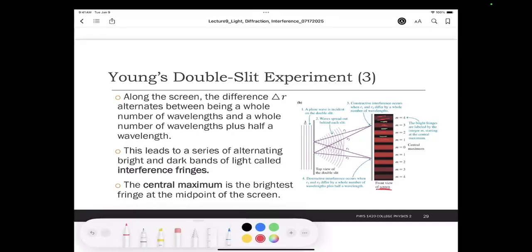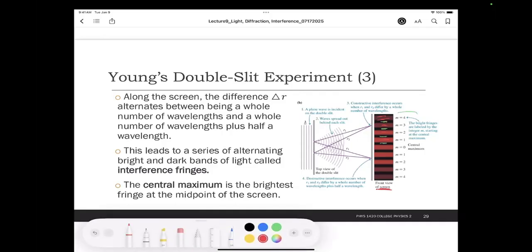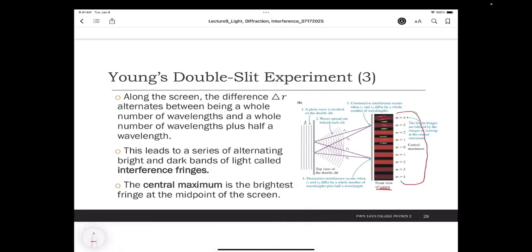These ideas lead to a series of alternating bright and dark bands of light called interference fringes. Constructive interference gives bright, destructive gives dark, bright, dark.